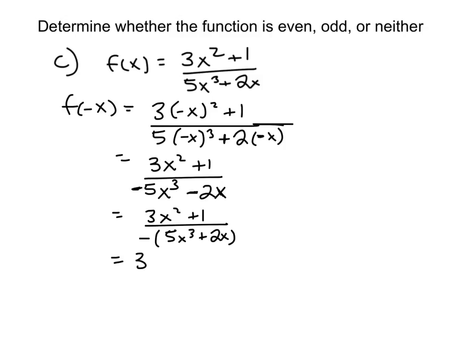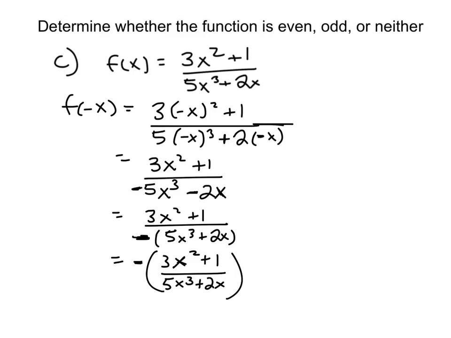The negative could be out front completely, just because it's on the bottom, so I'm going to pull it out: x squared plus 1 divided by 5x cubed plus 2. These two things are the same thing, I just pulled out the negative 1.